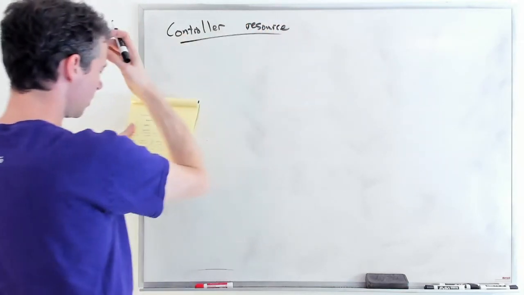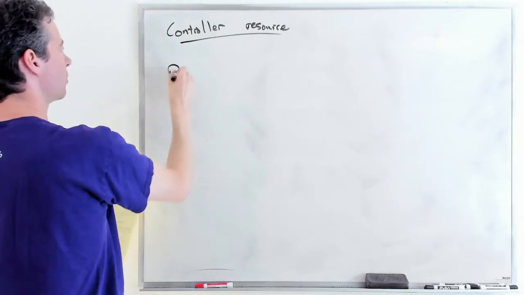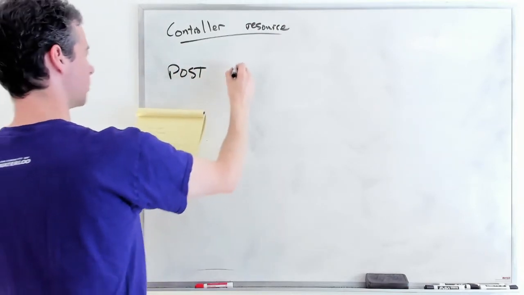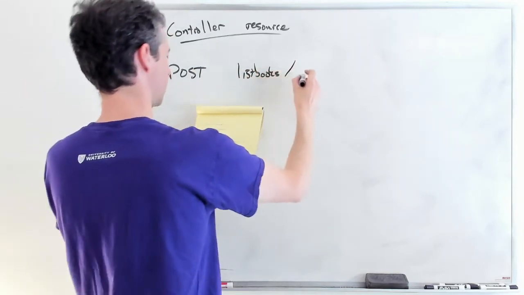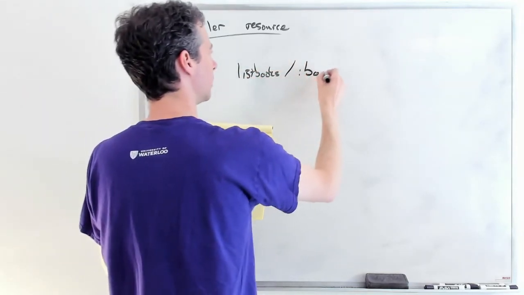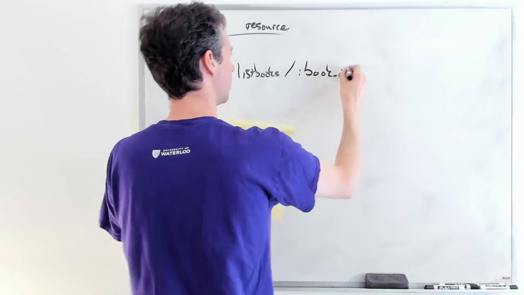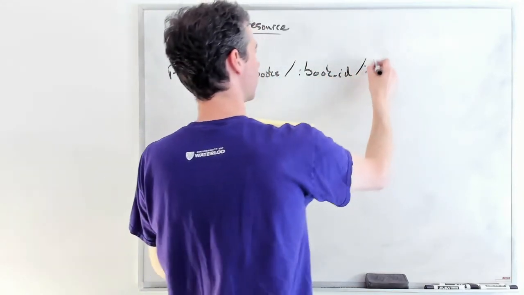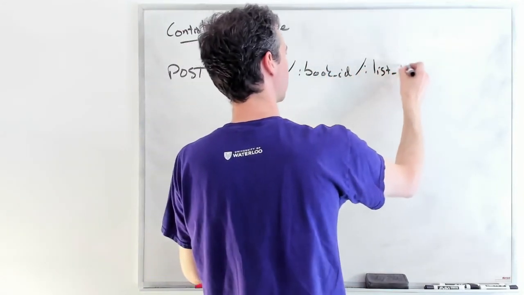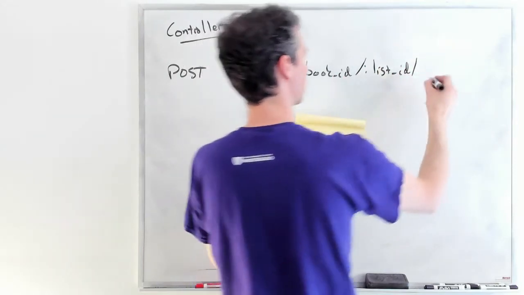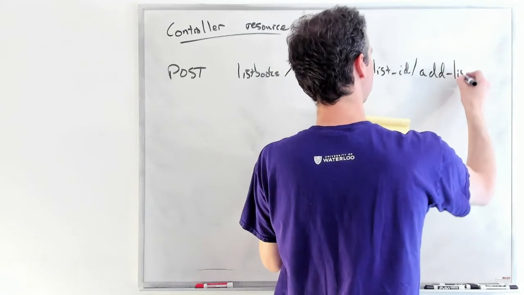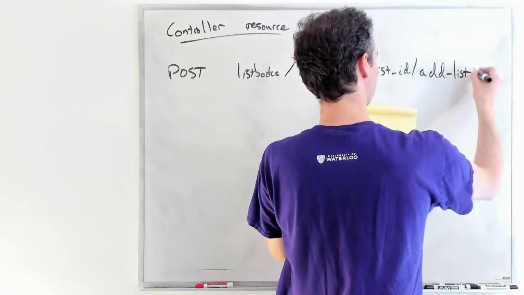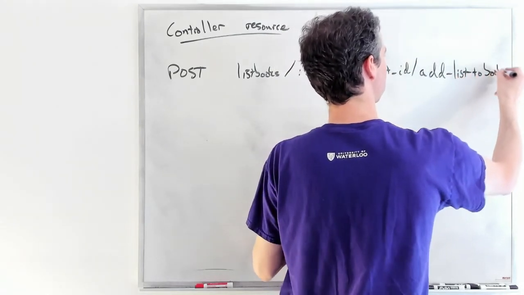Maybe you set it up as a controller resource. And so you might have something where we post to, and again, we'll have it be separated out. We call list books, and we go with book ID. And again, with the list ID, the same issues about, I'm not using these slashes in a good way, but then we add our verb to the end, which is add list to book.